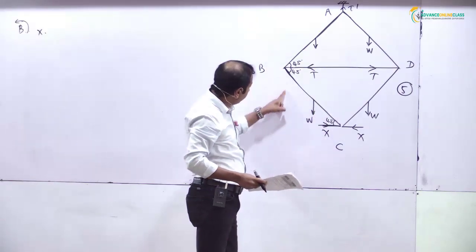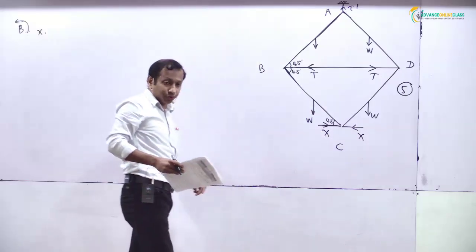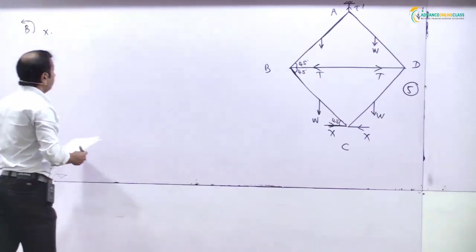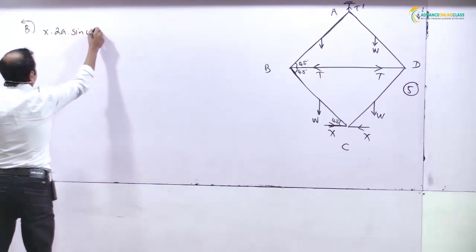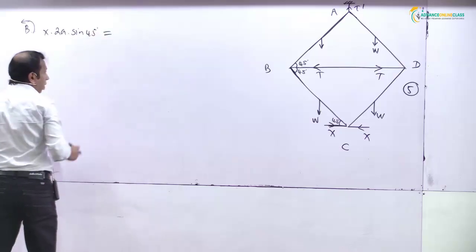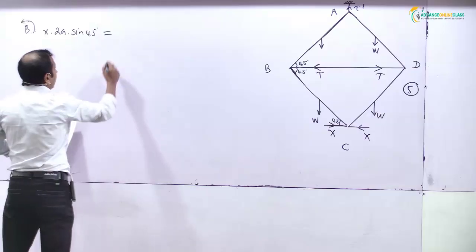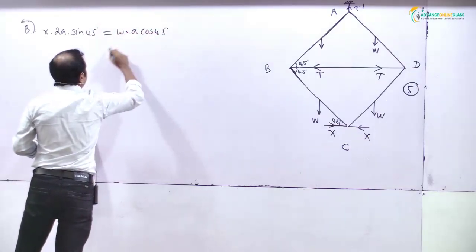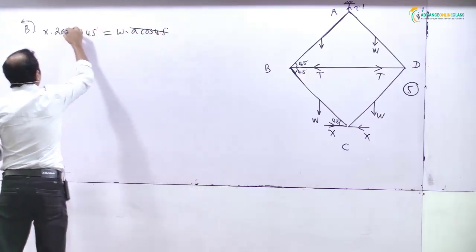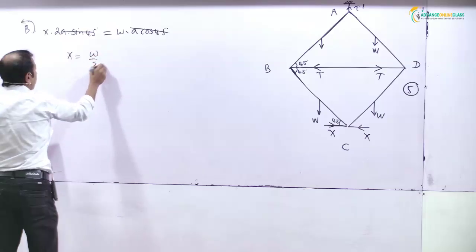Then the distance from B to this X is 2a sine 45 or cos 45, both are correct. 2a sine 45. By W we get clockwise moment. That is W into a cos 45 or sine 45. A sine 45 cos 45 we can cancel down. X equals W by 2.